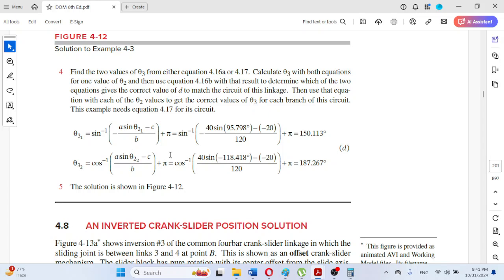Simply, if there is some practical problem you are given, what you will be doing is first of all noting the location of the slider.